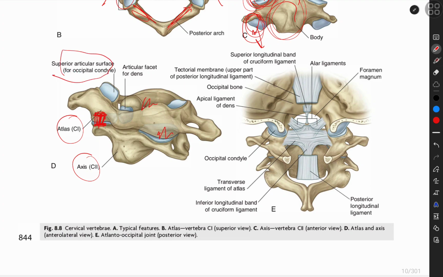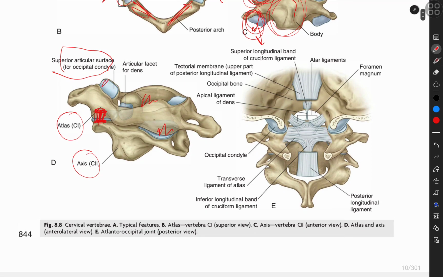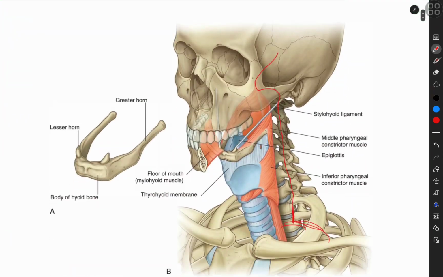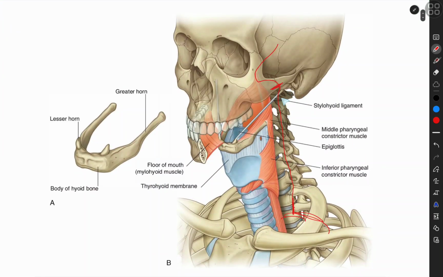Superior occipital surface for the occipital condyle. So the superior surface of the atlas C1 articulates with the occipital condyle, which is here. So this is the atlas and axis, and the atlas is directly below the skull.